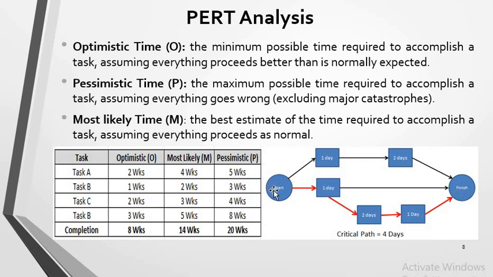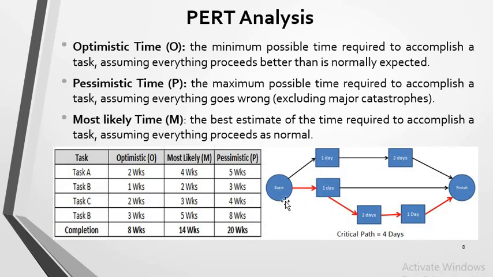But if we consider the most likely way, we can say that this task would start, go to one day, then take another day, the second day, and then get finished. This is the most likely way.